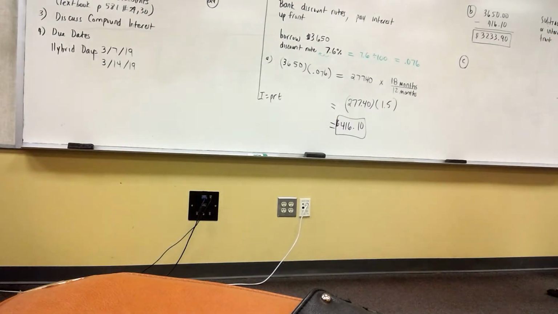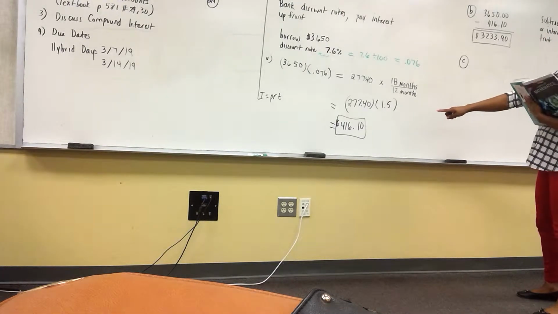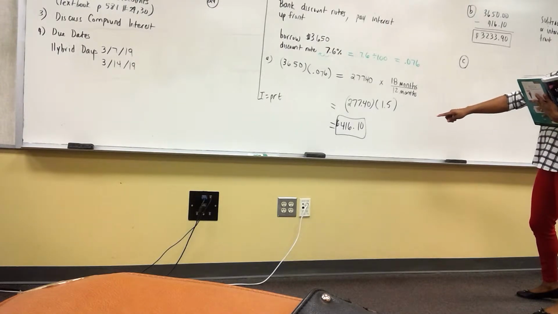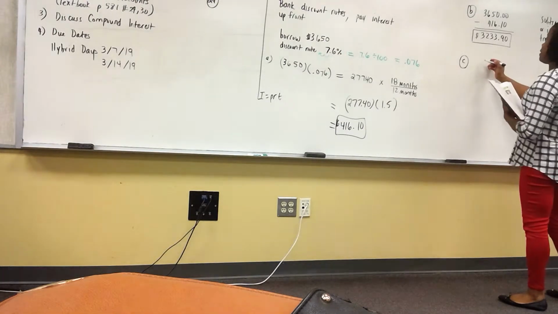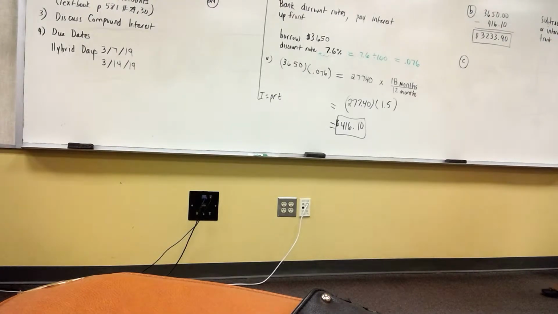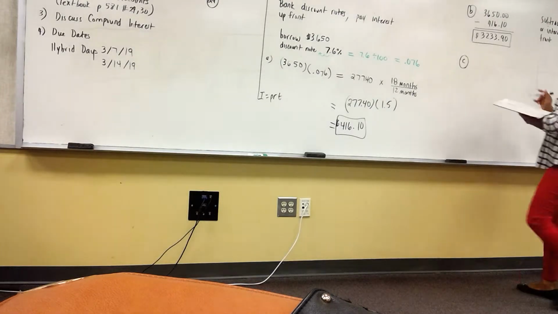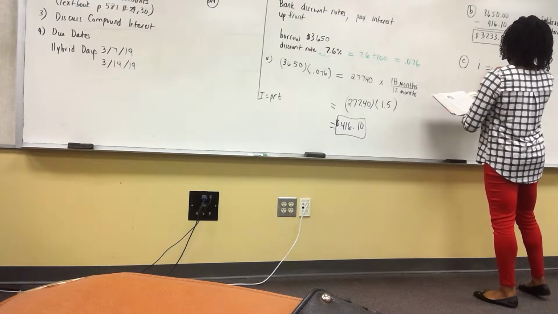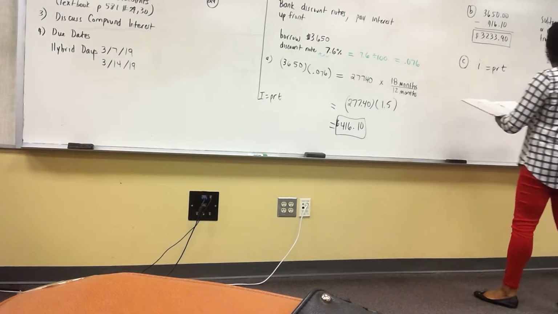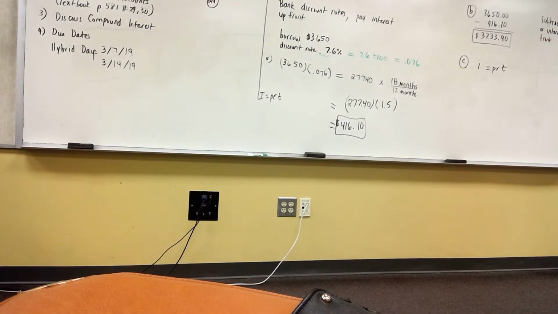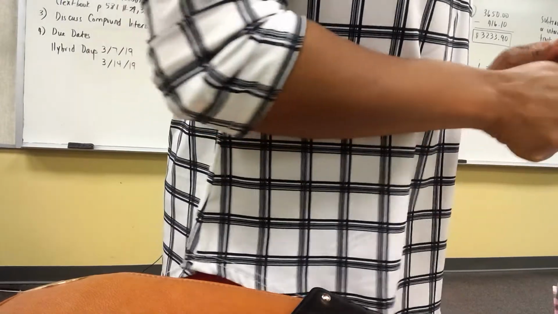So she has to pay $416.10 up front to borrow the money, right? So let's see what happens if that is the amount that she pays in interest, what the actual rate would be. All right? So for interest, we use I equals PRT. And then we want to go in and calculate it using this different amount.